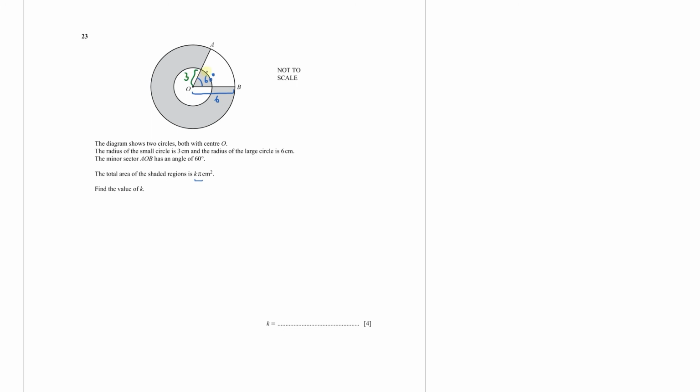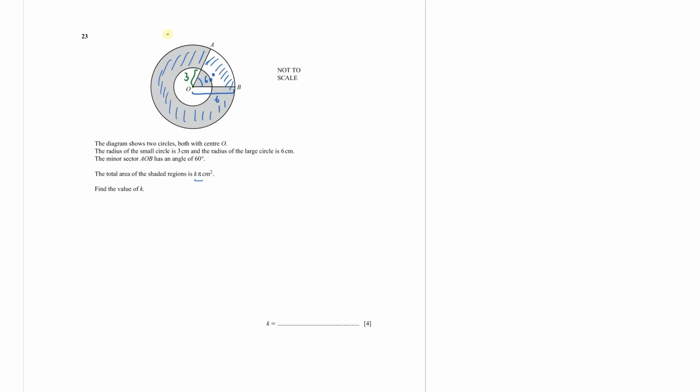How will I find the area of the shaded region here? I can find the area between the larger circle and the smaller circle. If I take the area of the larger circle and subtract the area of the smaller circle, I get this area marked in blue.